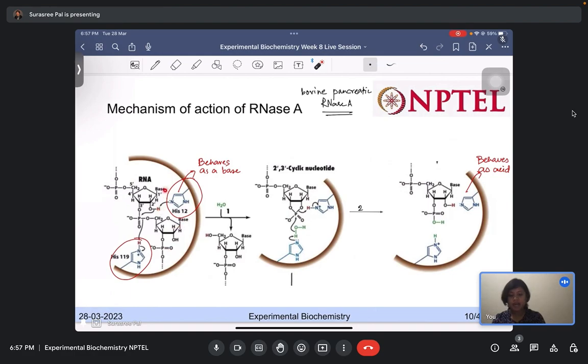So when this RNA molecule comes into the active site of RNase A, the lone pair on the nitrogen of this histidine donates its electron to this hydrogen atom, and thus it accepts this proton. The proton comes to histidine 12, and therefore this OH bond is broken.